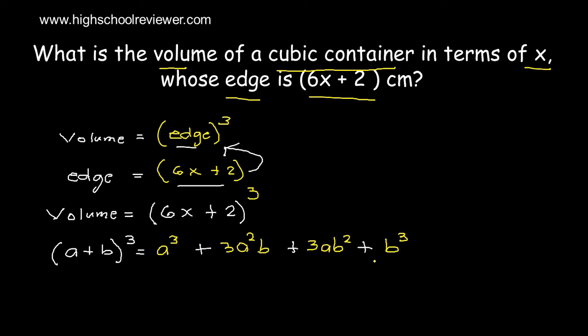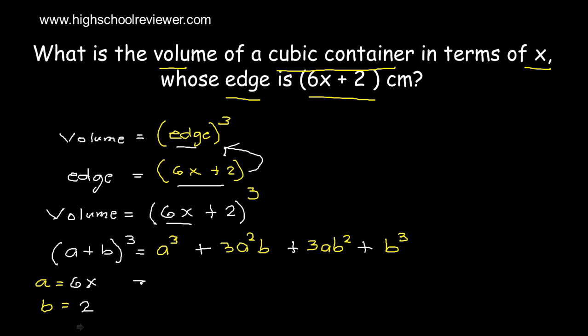Okay, so looking at our equation 6x plus 2, we can say that our a is 6x, and our b here is equal to positive 2. We will then substitute to our formula.